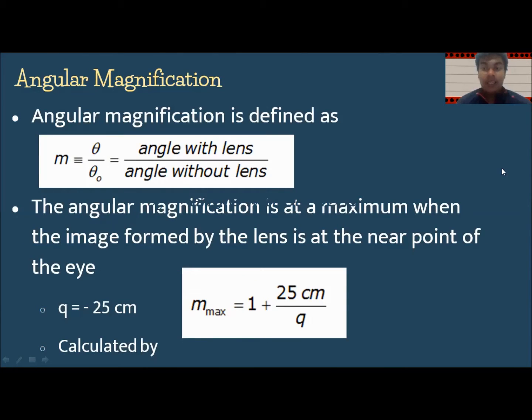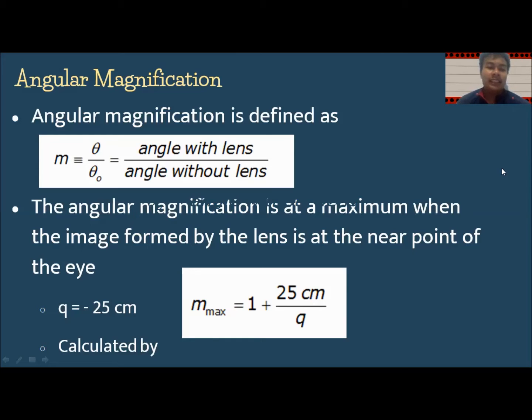So right now, I will tell you about angular magnification. First, angular magnification is defined as M = θ/θ0, which is the angle with the lens divided by the angle without the lens.